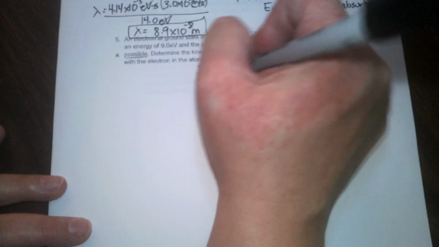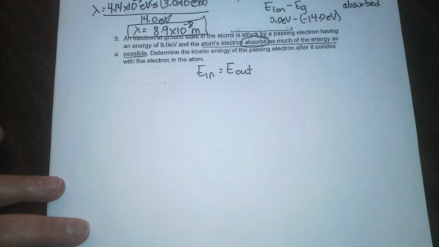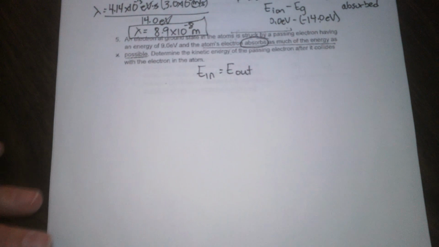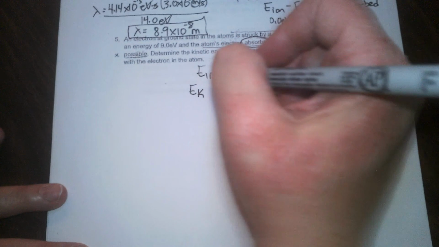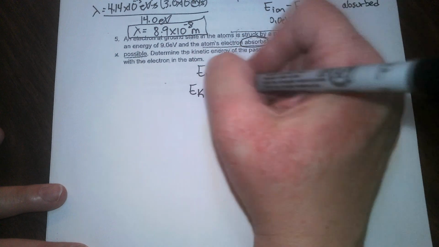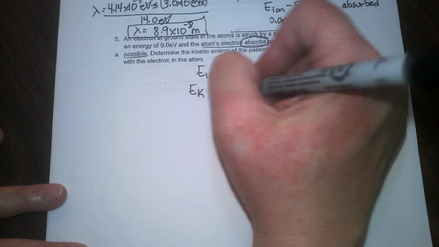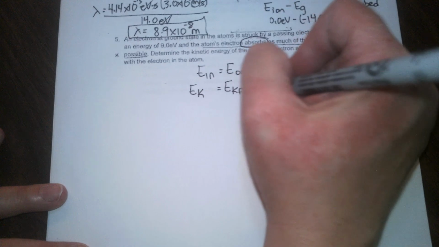Well, we need to go all the way back to this. Energy in equals energy out. So the total kinetic energy is equal to EK final minus EK initial. This is total change in kinetic energy.